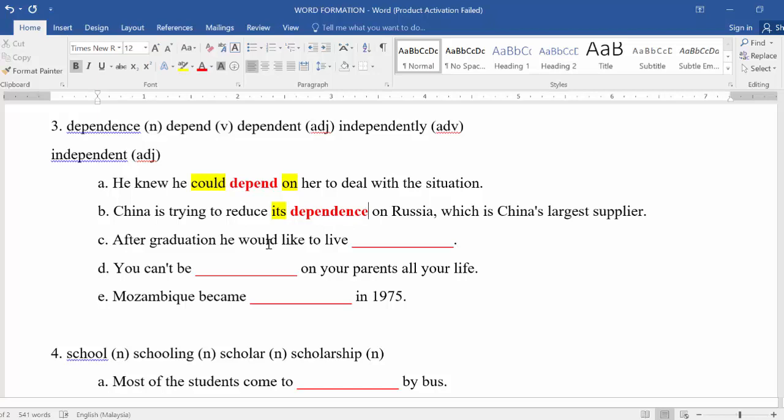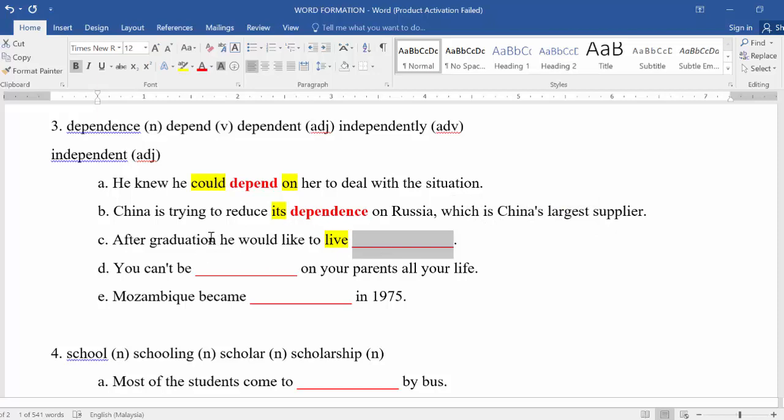Okay, next one. After graduation, he would like to leave what? Highlight your verb here, leave. Usually the word after a verb can be an adverb which is describing the verb. So, after graduation, he would like to leave. What do you think? After he graduates from school, he has grown up.